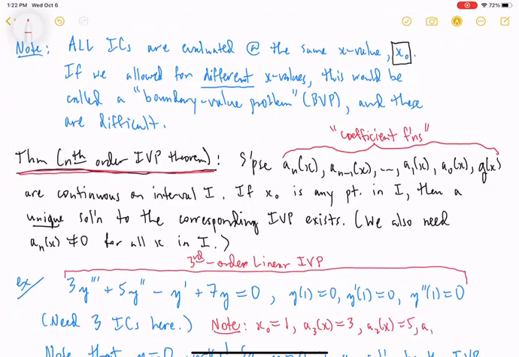A1 of x is what? -1. How interesting. A0 of x is 7. And g of x, which is the thing on the right-hand side, is 0.